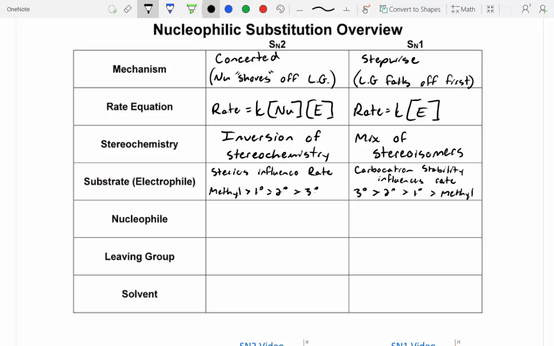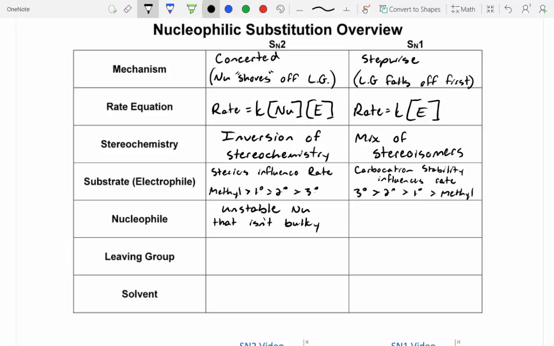Unstable nucleophile. What about sterics? Do we want it to be bulky or not bulky? Unstable nucleophile that isn't bulky. That's super important.